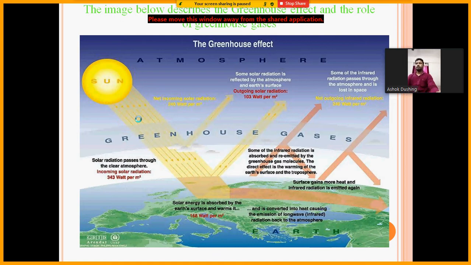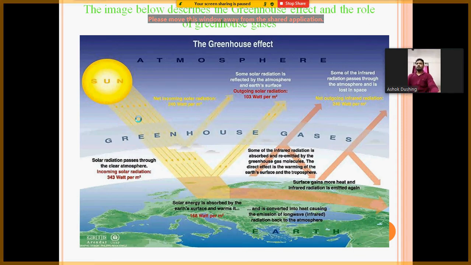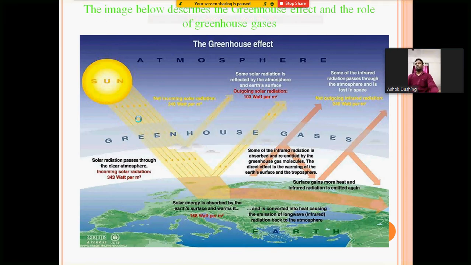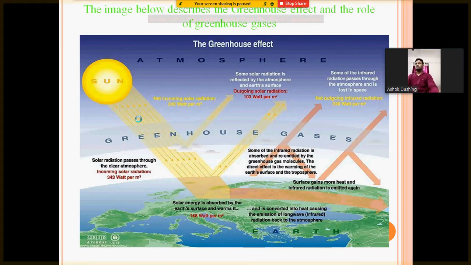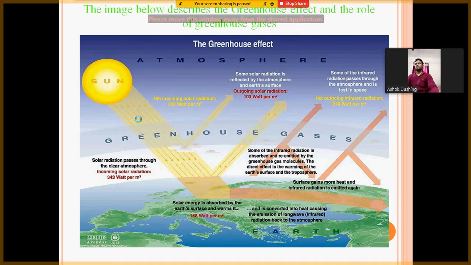Then some of the infrared radiation is converted into heat, causing the emission of long wave radiation back to the atmosphere. The surface gains more heat and infrared radiation is emitted again. Some of the infrared radiation is absorbed and re-emitted by the greenhouse gas molecules.